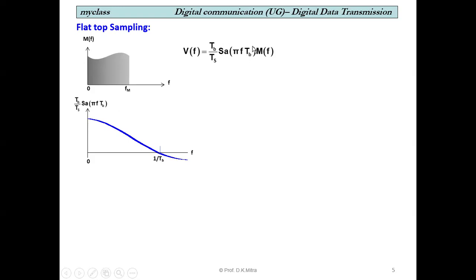So in short, this is a kind of amplification factor. It gradually decreases, so obviously, when this function is multiplied by this function, the amplification of higher order frequencies will be less. Suppose you are listening to a song. The low frequency voices of the song you will hear properly, but higher frequency voices will be subdued.